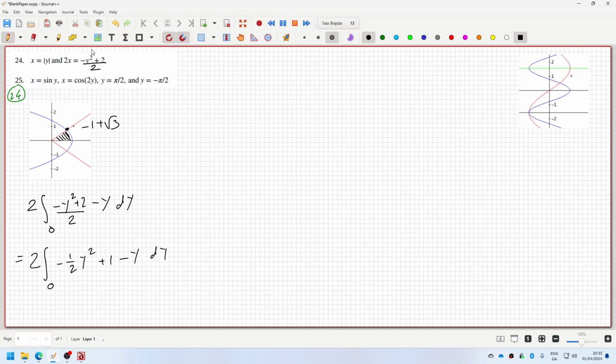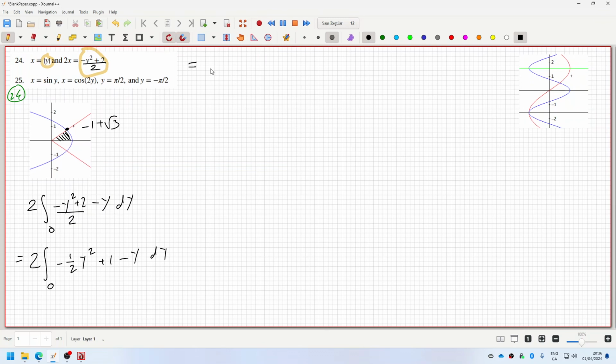Minus 1 plus root 3 squared times minus 1 plus 2 divided by 2. That's minus 1 plus root 3. Yeah, so I just got that again by solving this equal to y, just looking at the positive values of y only, so I can drop the absolute symbol.